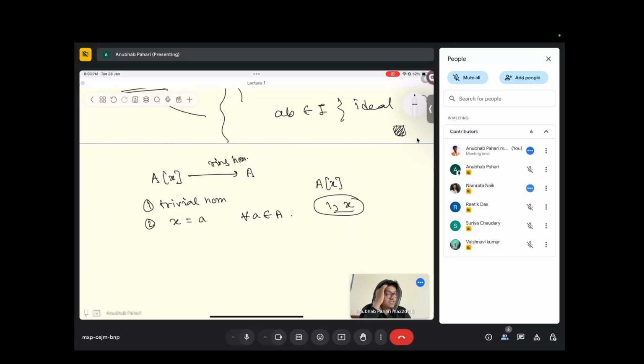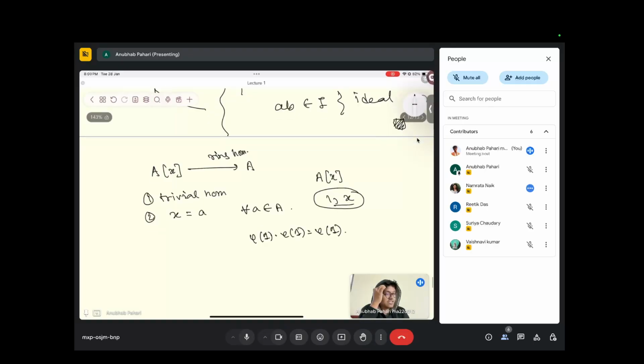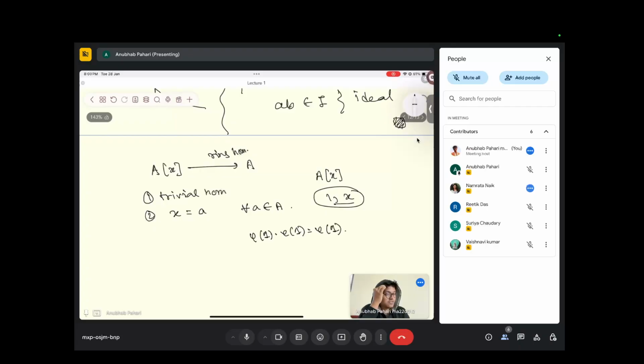And in our ring homomorphism definition, we always say the multiplicative identity goes to the multiplicative identity. So phi of 1, but this is your integral domain, so phi of 1 should go to 1.